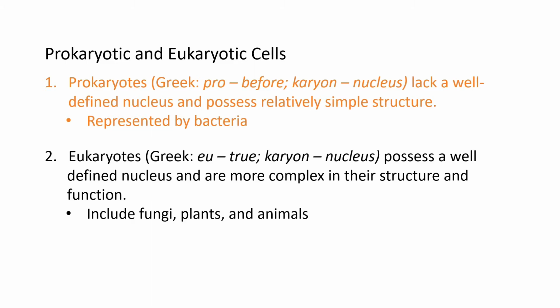Now the next type is what we call the eukaryotes or the eukaryotic cells, coming from the Greek words eu, which means true, and karyon, which means nucleus. So these types of cells possess a well-defined nucleus and are more complex in their structure and function. This includes the fungi, plants, and animals.